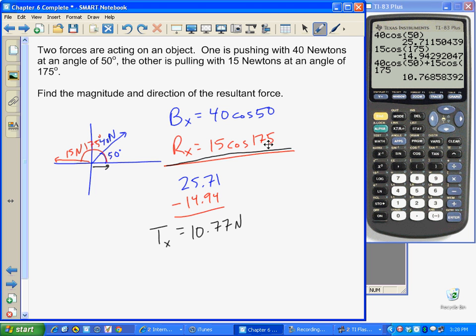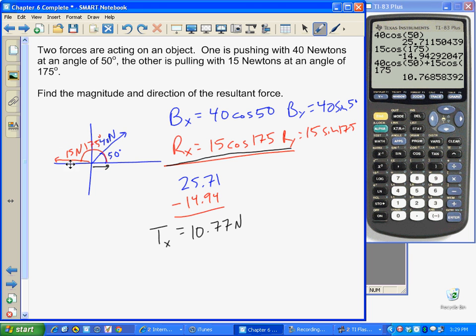Now we also need to do the Y force. The Y force from the blue force is going to be 40 sine 50. The Y component of the red force is 15 sine 175.